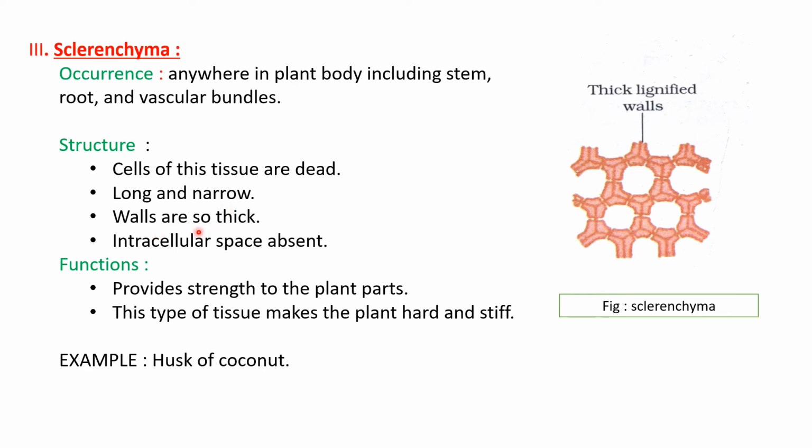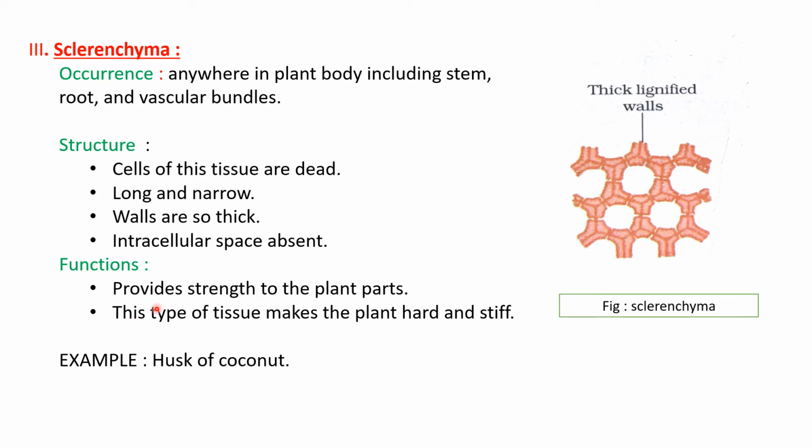Walls are so thick. Here on the right side is a sclerenchyma tissue picture, and you can see the walls are very thick. Intercellular space is absent, that means cells are tightly bound to each other.